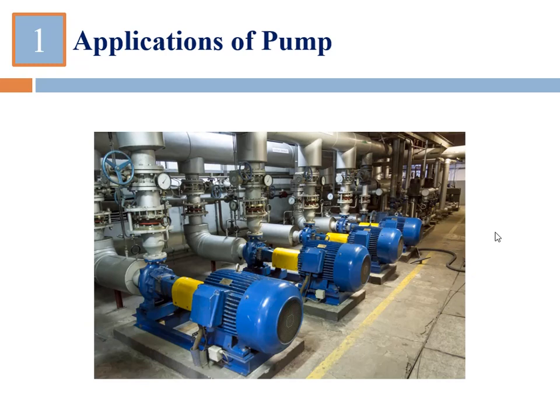So we need to supply the water to the boiler continuously, and in a boiler, with the help of heat, the water gets converted into the steam. So we need to supply water continuously to the boiler under some pressure. So in that case also we use the pump. A lot of applications are there, so I am stating here a few important applications.